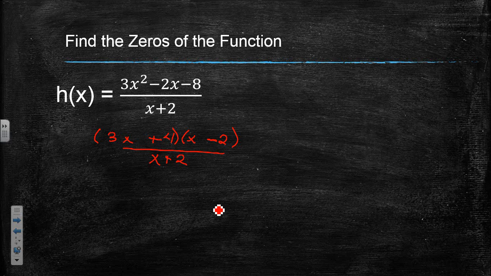Do you add them to get the negative 2? Yes, so what I was doing is I was doing like a FOIL. First times first is 3x squared. Perfect. Okay. And nicely now what's going to happen? Those guys will cancel out, won't they?